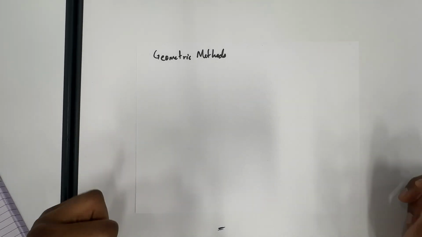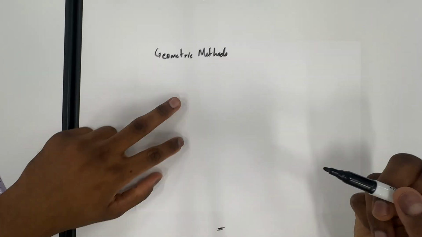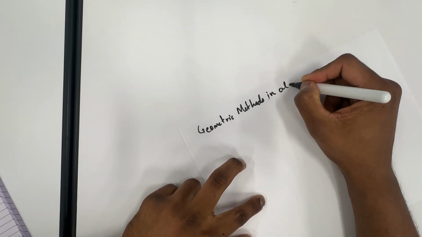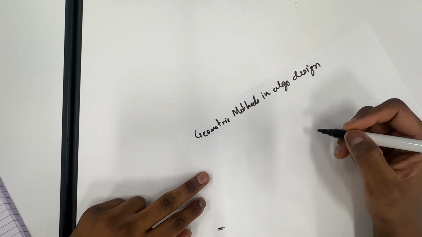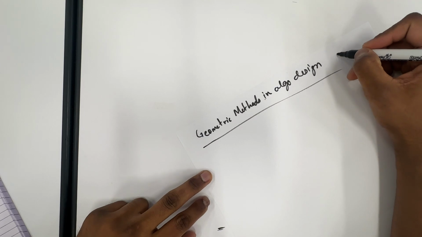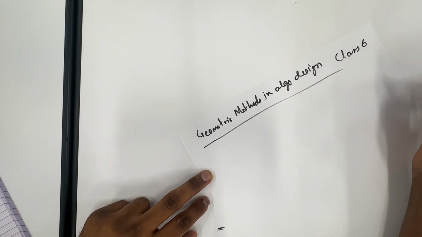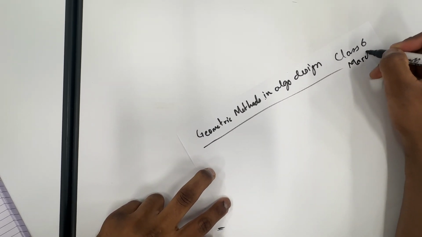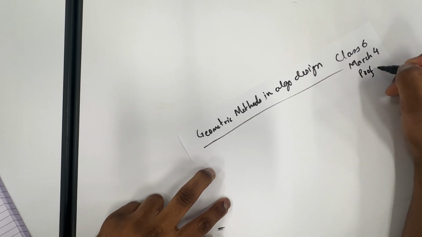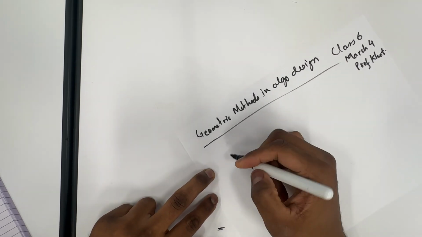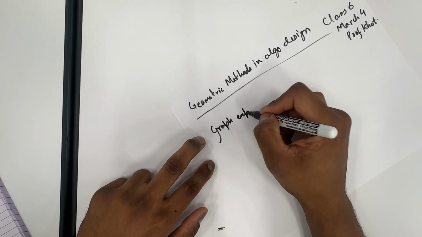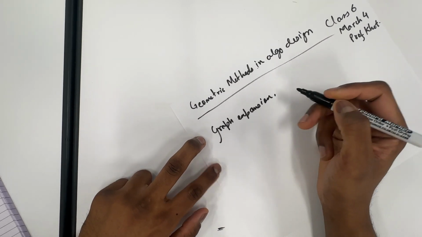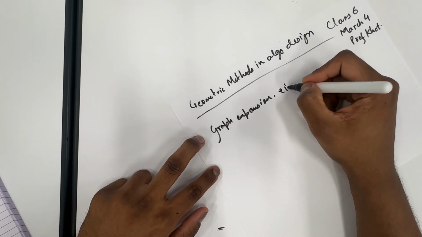All right, so this is my attempt to teach a lecture of geometric methods in algorithm design. It was a very interesting lecture, and today this lecture was class 6 and it was taught on March 4 by Professor Khot, and it was about graph expansion, eigenvalues of the graph.